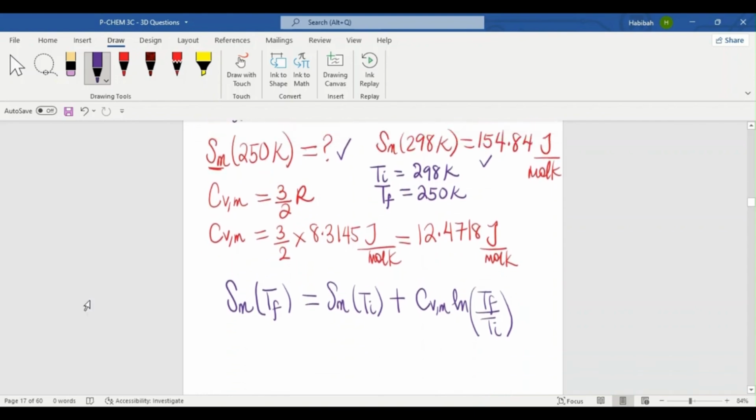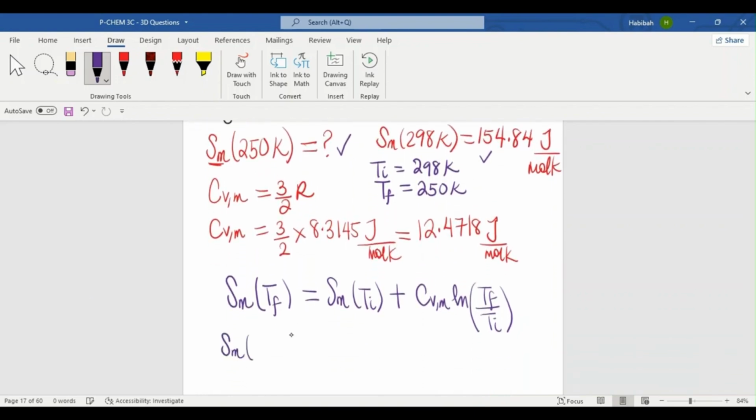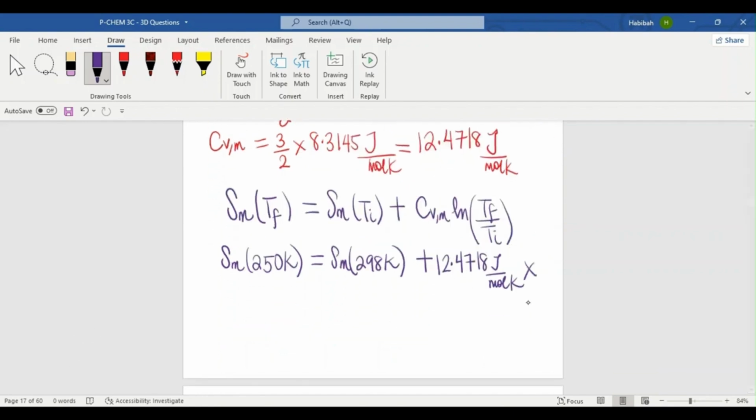So, we're now basically going to substitute. The molar entropy at the final temperature, 250 Kelvin, that's what we're looking for, is equal to the molar entropy at the initial temperature, 298 Kelvin, plus CV comma M, which is 12.4718 joule per mole Kelvin, times ln T final divided by T initial.